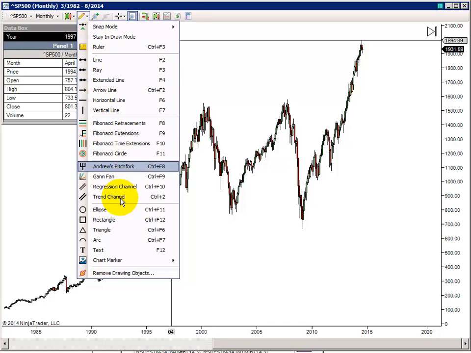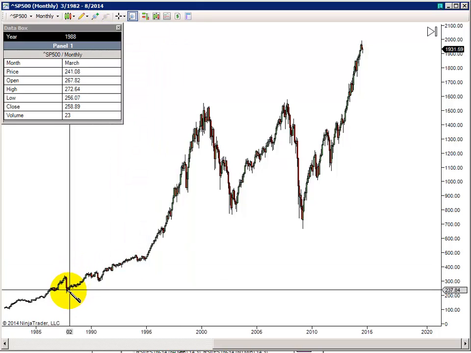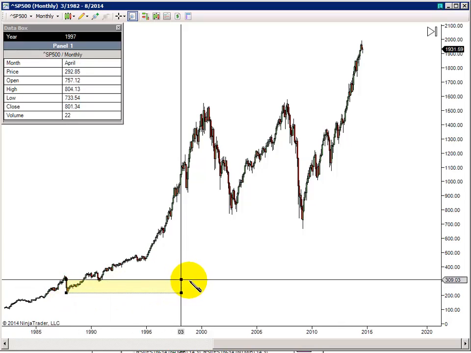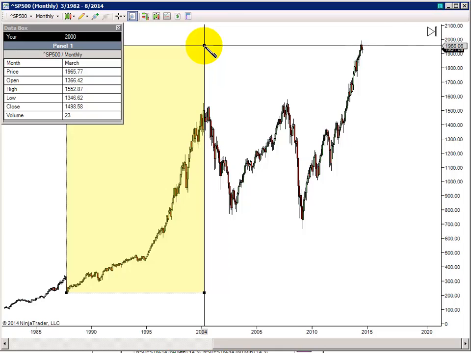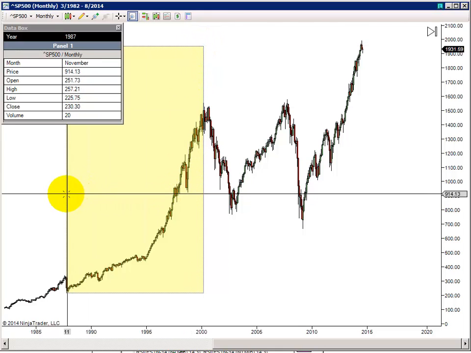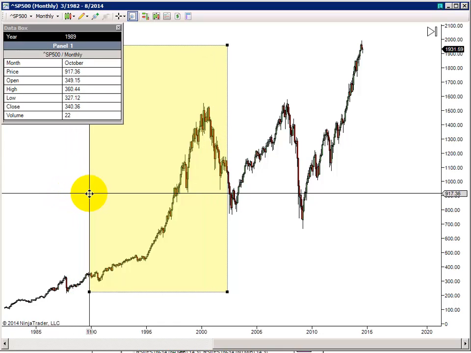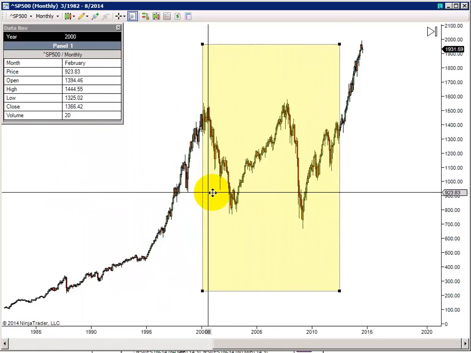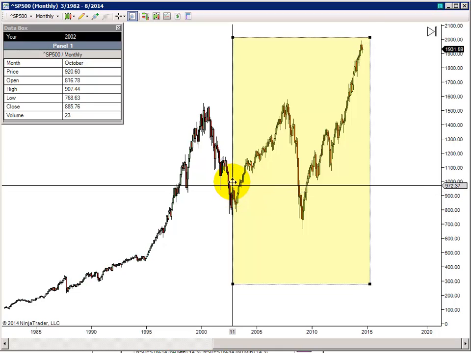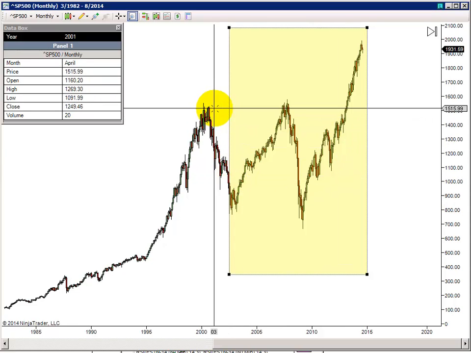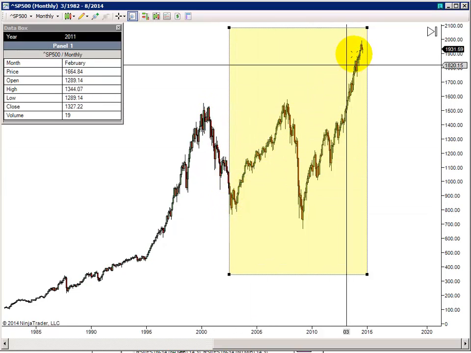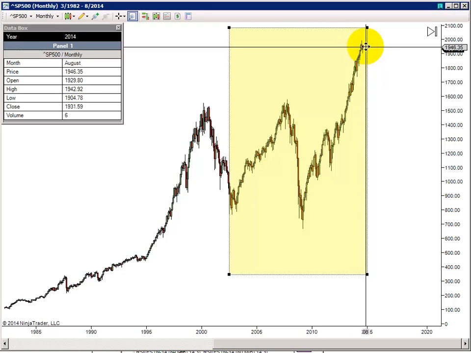Another bigger picture chart that I want to look at is we take that low and take the time factor that we saw from 87 to 2000, and we move that over from the next swing low forward. Right here, after it came down and started going back up, we're coming right into that zone.